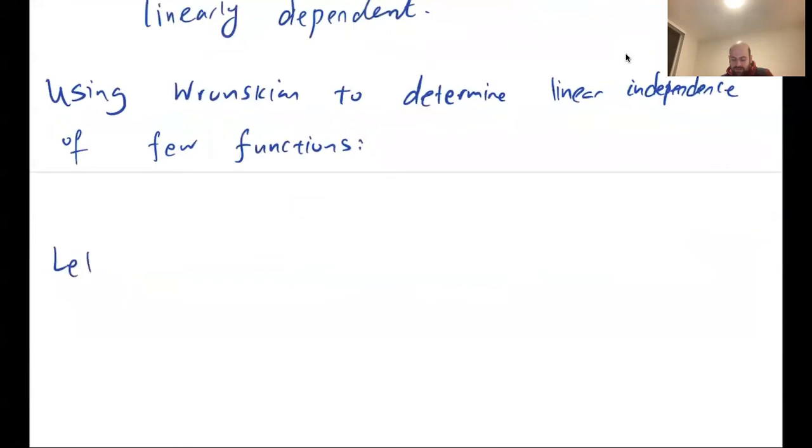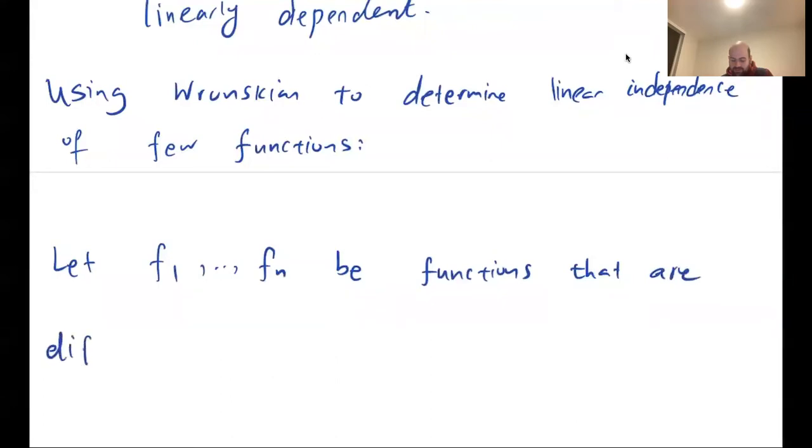So let f1 to, let's say, fn be functions that are differentiable of any order.